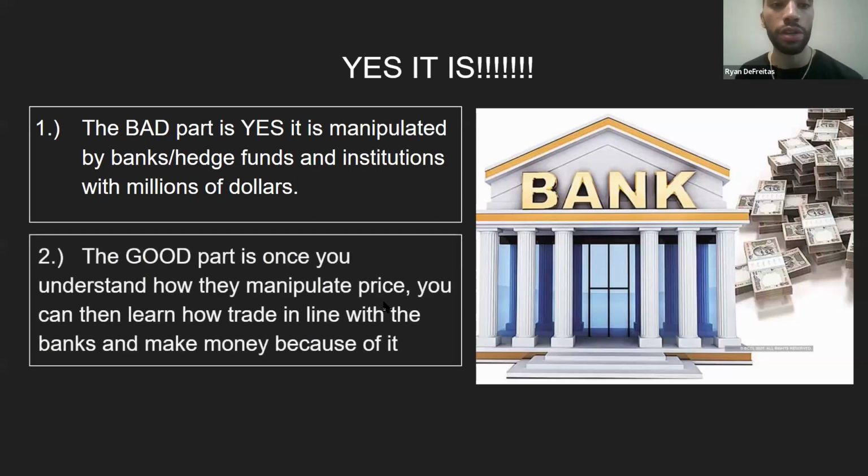Number 2, the good part is once you understand how they manipulate price, you can learn how to trade in line with the banks and make money. We don't have the type of money that banks have yet, but we can trade in line with them.